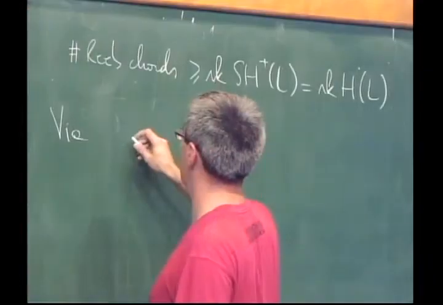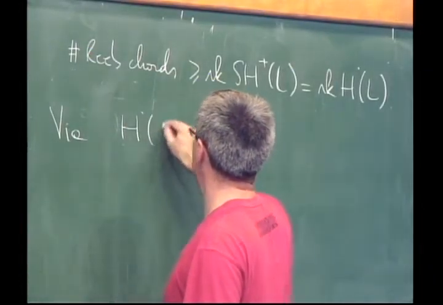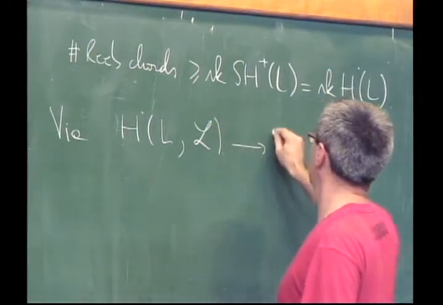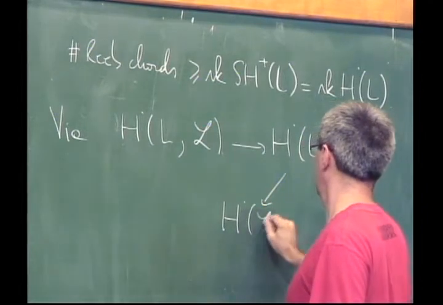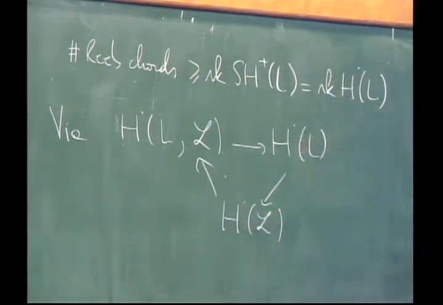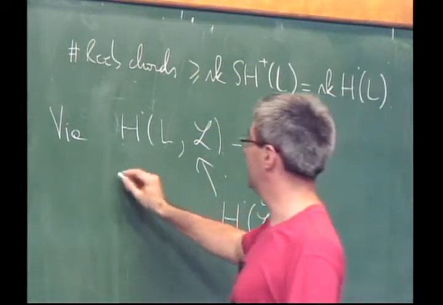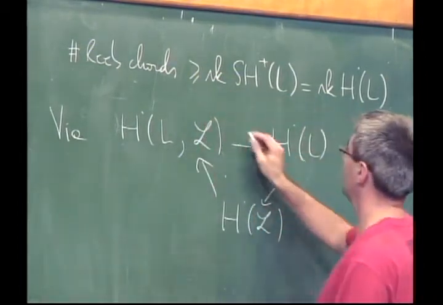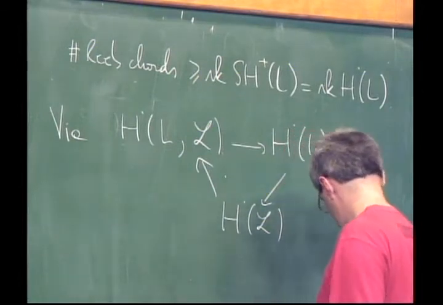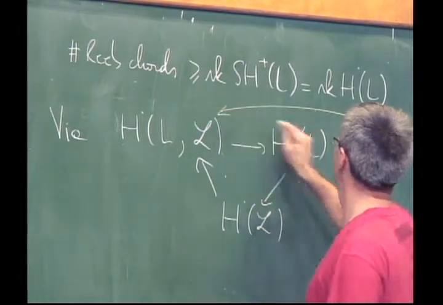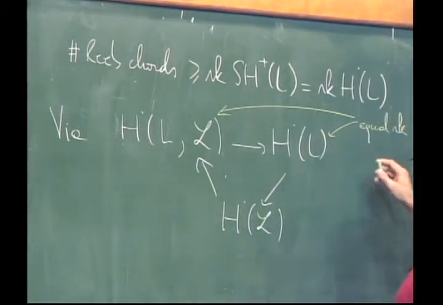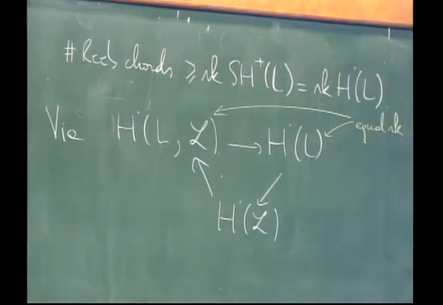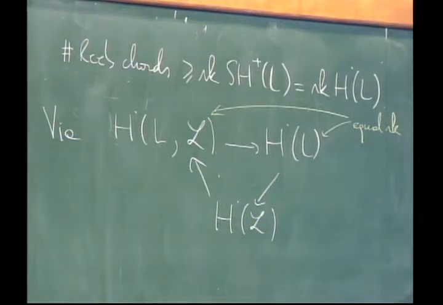So you have the pair H(L), H(L, L), and then H of L, like this, right? That's a long exact sequence. And these two ranks are equal, yeah? This and this have equal rank. These two have equal rank, yeah?